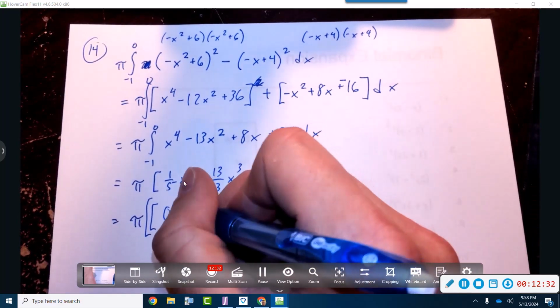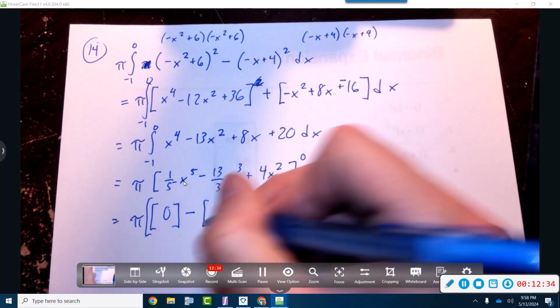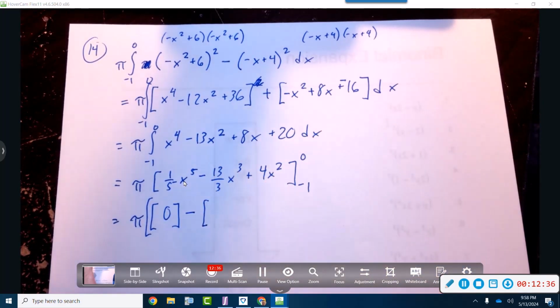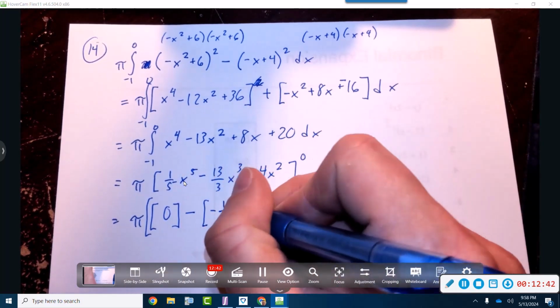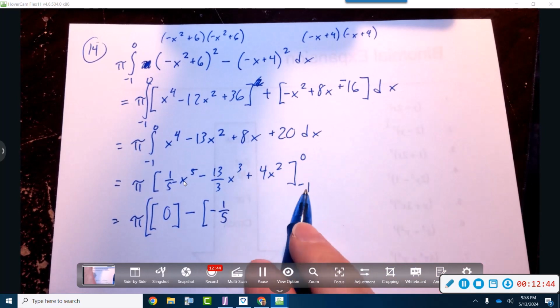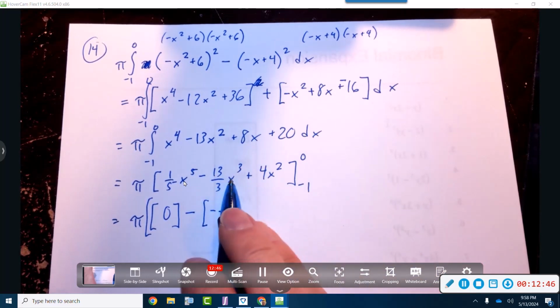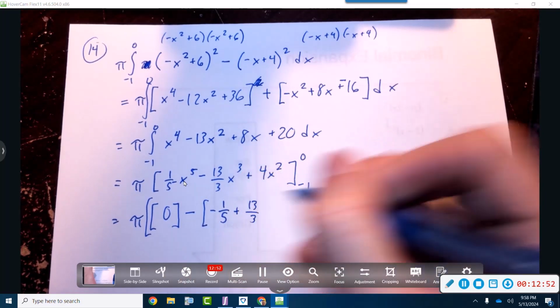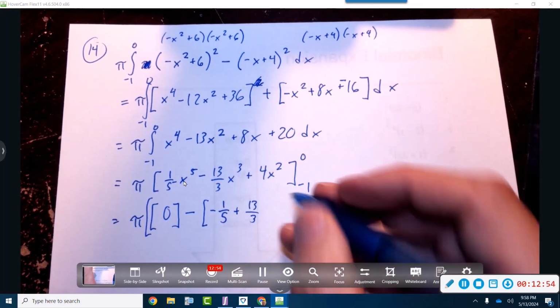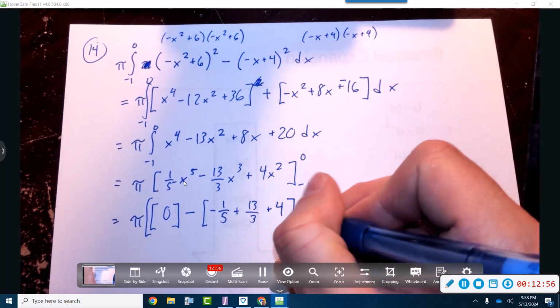But now we're going to subtract, and we're going to do this carefully. So -1 going here is going to give us a -1 because that is an odd power. So -1/5. -1 here is going to become negative once we raise it to the 3rd power. So that will become a positive 13 over 3. And then the -1 will become positive 4 plus 4.